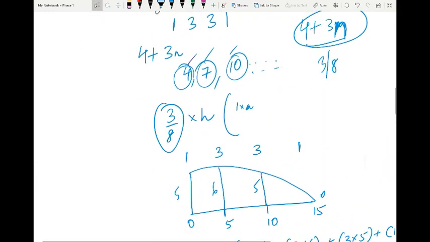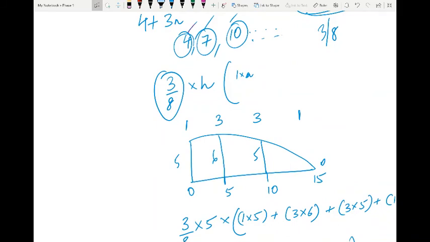So we take one more example. Here the length of the water plane is 15 meters. We have taken a common interval of 5, so every 5 meters we have taken a reading. These are the readings: 5, 6, 5 and 0 are our ordinates, and 1, 3, 3, 1 is our Simpson's multiplier.